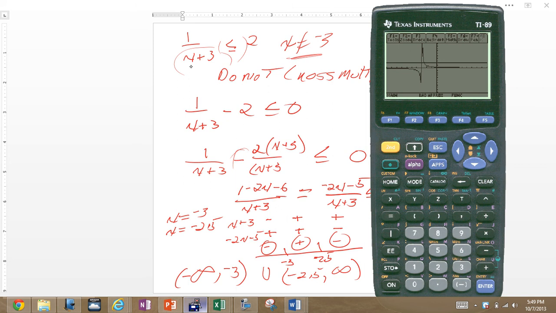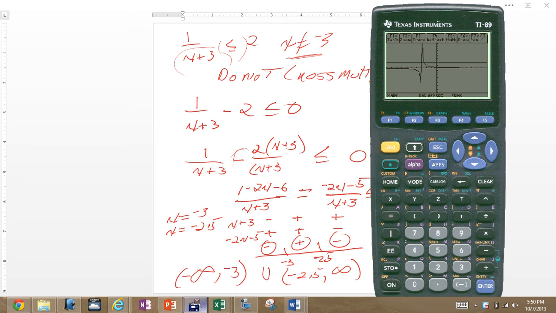But from the original graph, that's always going to be underneath the line y equals 2, and then we have a brief interval where we're above, just between negative 3 and negative 2.5. That's the only interval for which this graph will be north of that line y equals 2. And then from negative 2.5 all the way out to forever, it's going to be underneath that, okay?